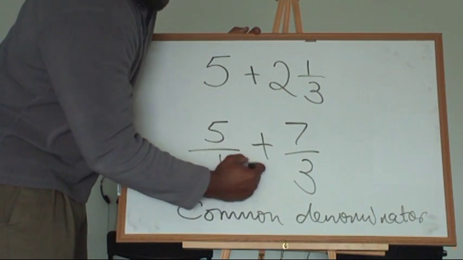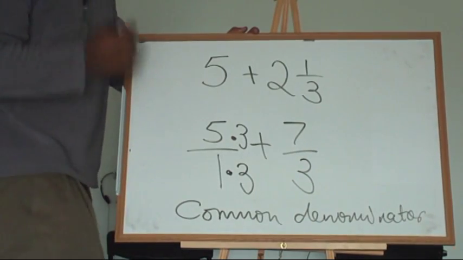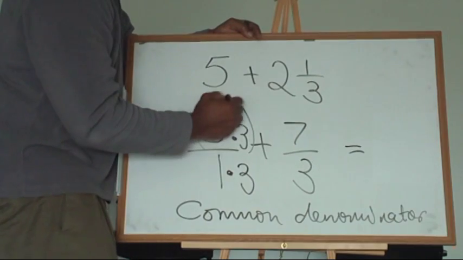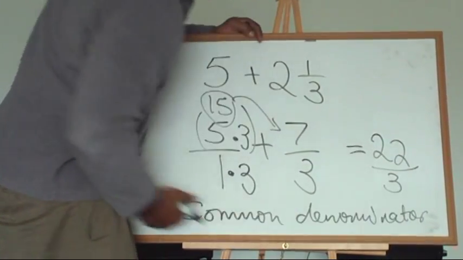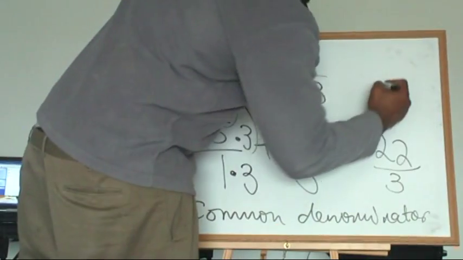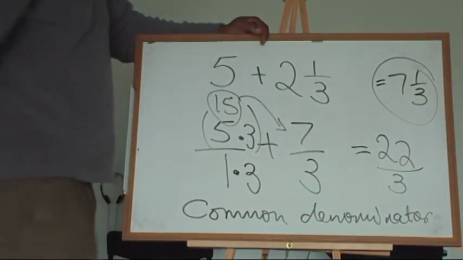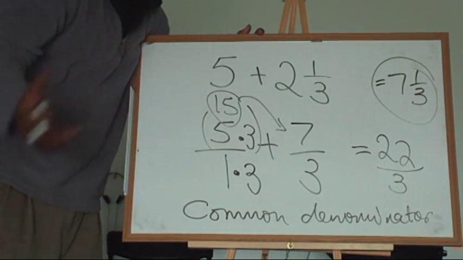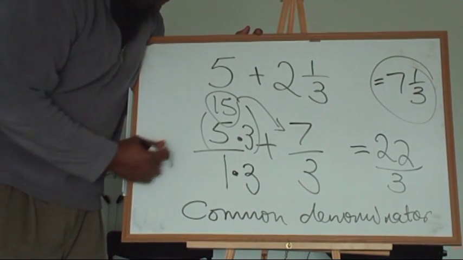And it has to be equal ratios for the denominator and the numerator. So your total becomes, this is 15 plus 7. I don't even have to look down there because obviously 3 goes into 22, 7 times, the remainder 1 over 3. What do you know? I could have just added 5 and 2 and gotten 7. What a colossal waste of time, ladies and gentlemen.